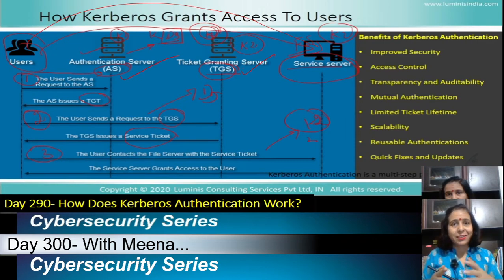But still there are multiple ways hackers use to perform attacks. And what are the weak points in this picture? Here is the server which starts the authentication. After that it hands over to the next level, the ticket granting server, and then it goes to the service server, which is the file server in our example.